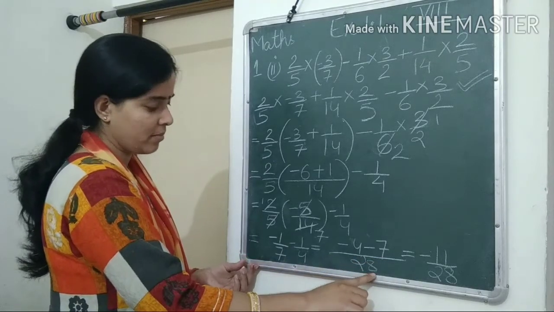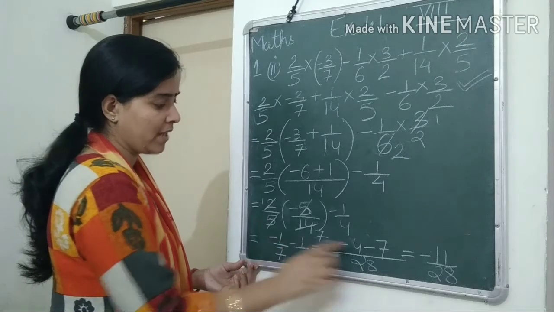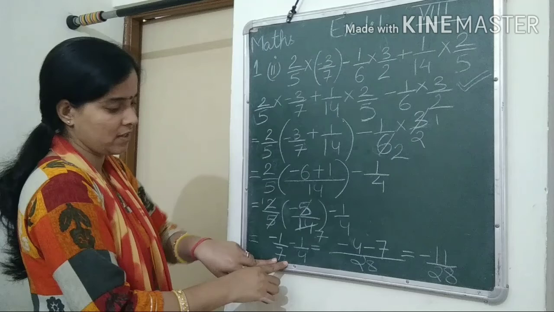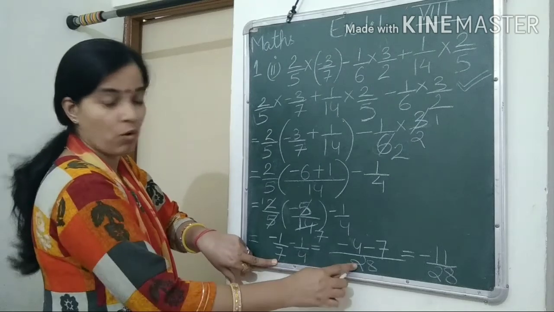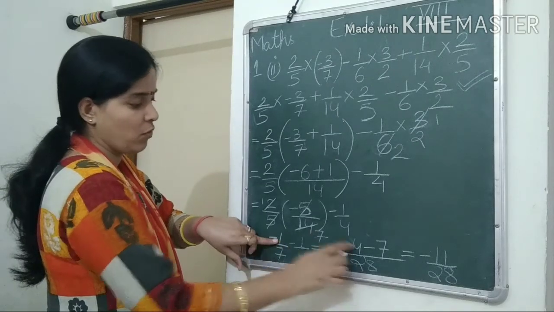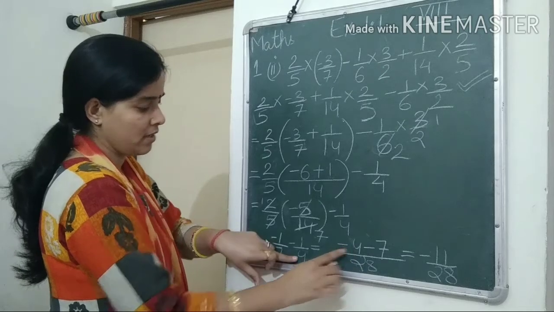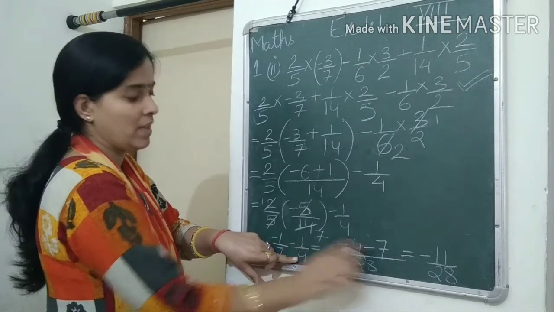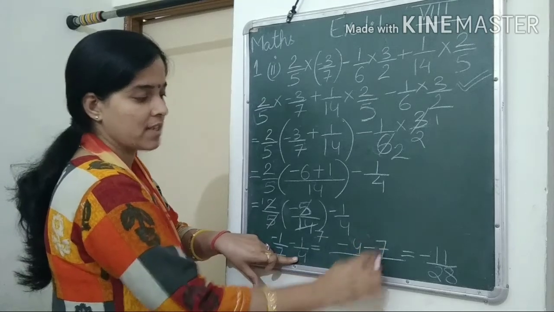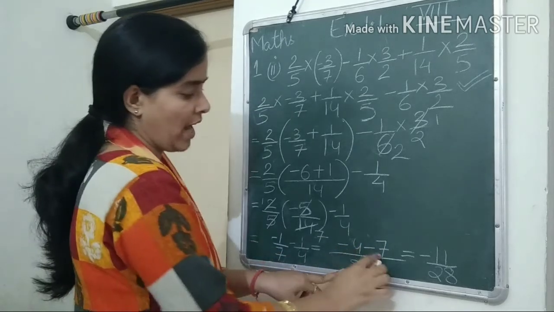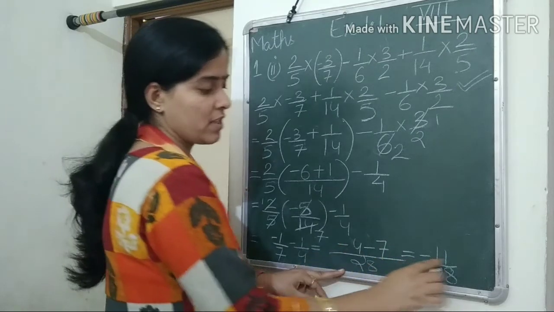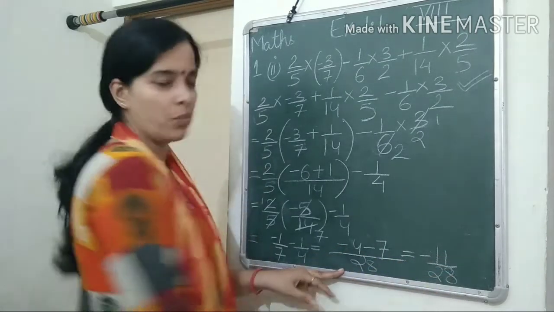So write the LCM downside and if you multiply them it will be minus 4 minus 7, or you can see it this way. 7 4s are 28, 1 4s are 4 and the minus sign. Then again the minus sign and 4 7s are 28, 1 7s are 7, then minus sign and 7. Now add these two numbers, it will give you 11, that is of minus. So the answer will be minus 11 by 28.